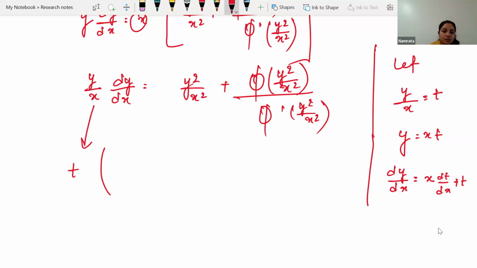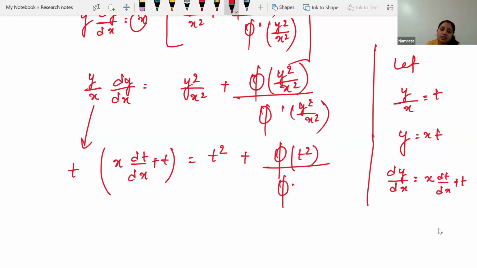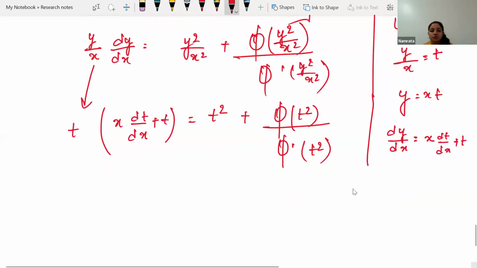Dy by dx is x dt over dx plus t, which is equal to y square by x square, which became t square, plus phi of t square over phi dash of t square. This is what we have after substitution.